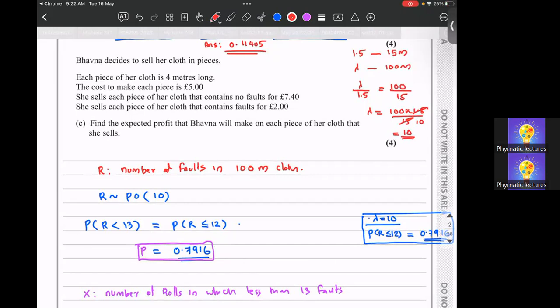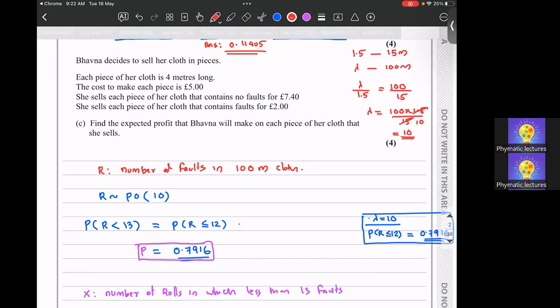So, first of all, we will consider the manufacturing cost of each piece, that is 5 pounds. Out of that, she should meet the manufacturing cost, correct? So manufacturing cost is 5.